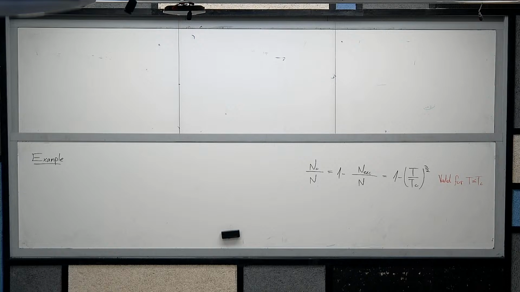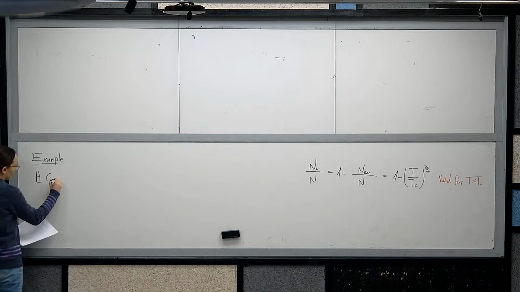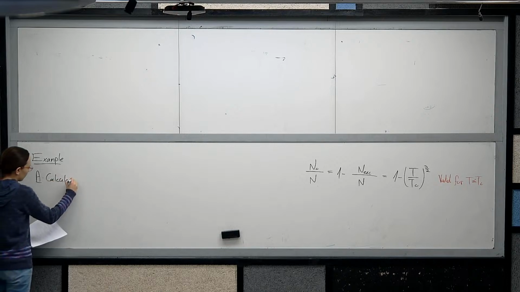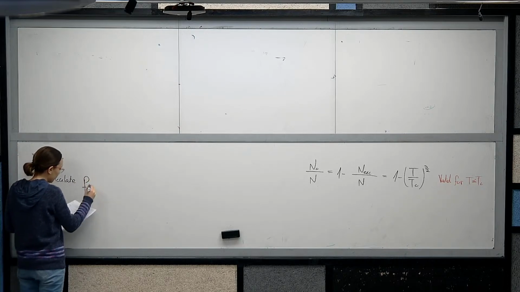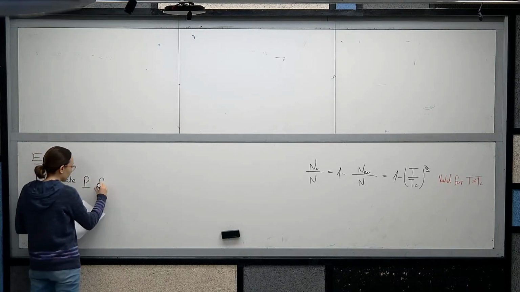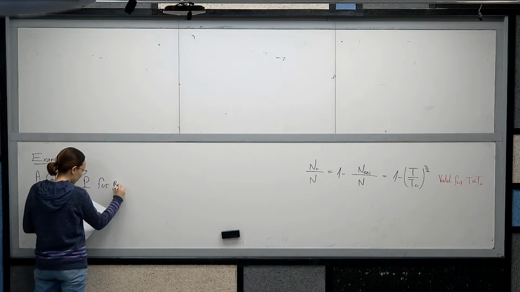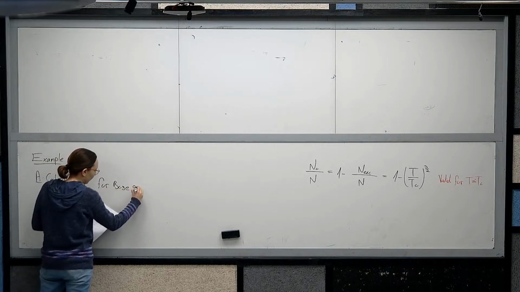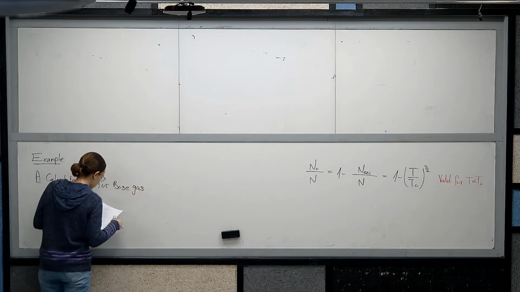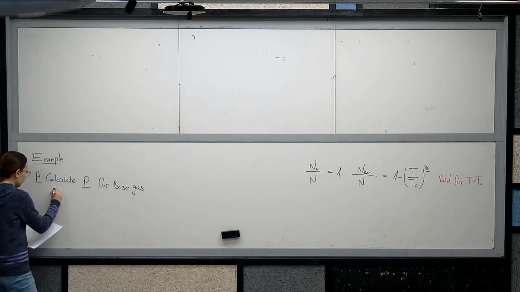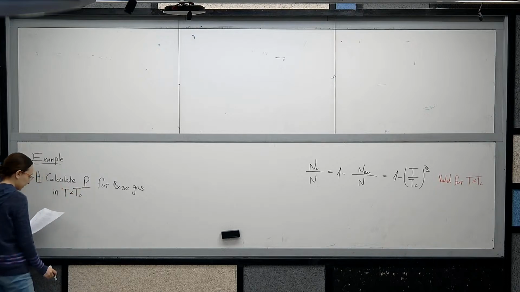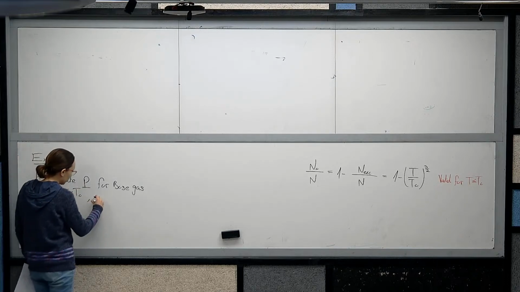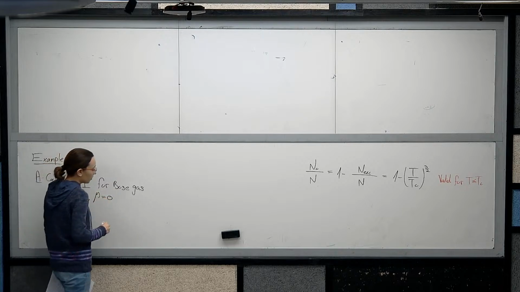Okay, so for example, we want to calculate the pressure P for Bose gas in temperatures that are smaller than the critical temperature and with mu equals 0.